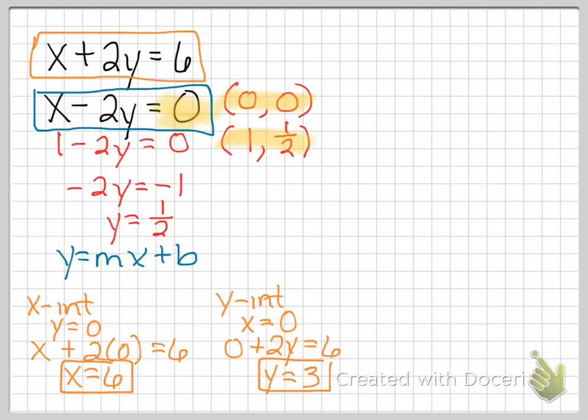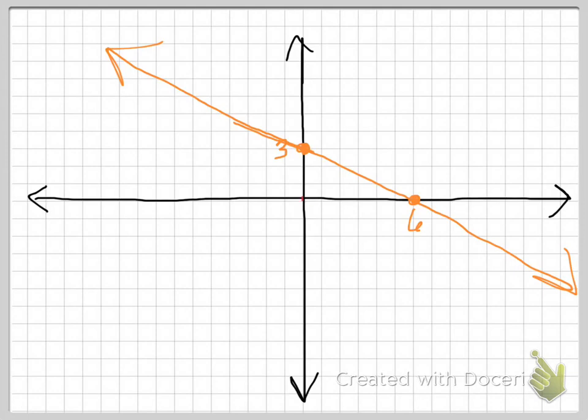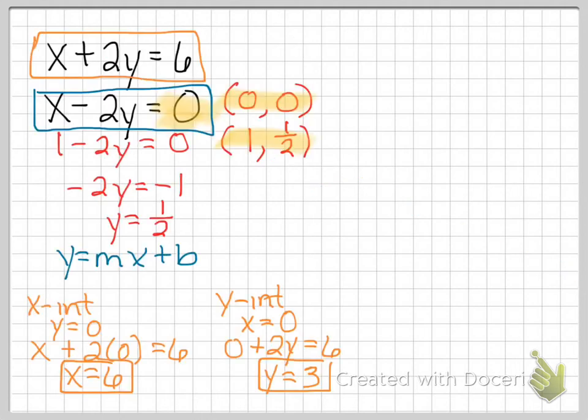Okay, so there's one. The other line I have in red, I have the origin at 0, 0, and I have the point 1, 1.5. Didn't make those points very far apart, did I? I'm going to help myself out here really quick, and I'm going to give myself another point.